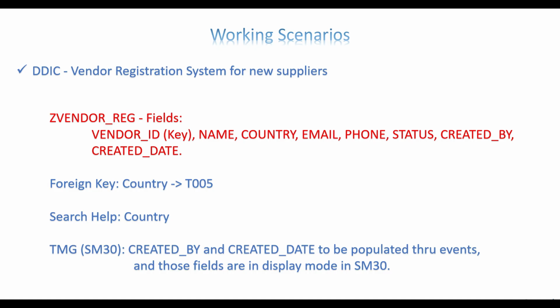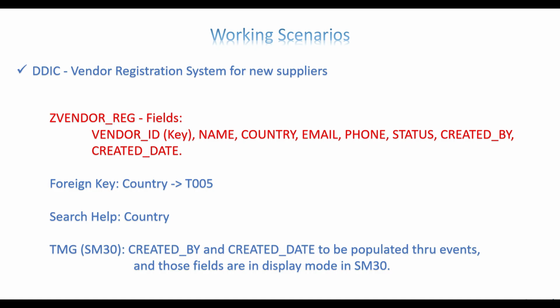For the country you have to enable the foreign key relationship with the table T005. Once you have a relationship, obviously you will get a search help for the country field. Apart from that, if you want any other search help added to your existing fields, you can have it, not a problem. You get a chance to create the search help also. That's what I mean here.